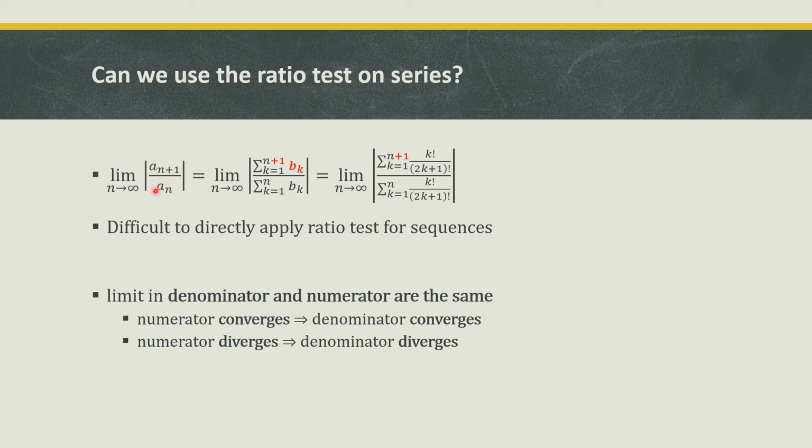And if the numerator diverges to infinity, so will the denominator, because again they are consecutive terms. So that means that either both of them converge or both of them diverge. Therefore we only need to check either of them. If one of them converges, then both converge. If one of them diverges, then both diverge.